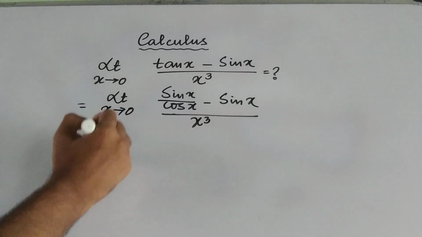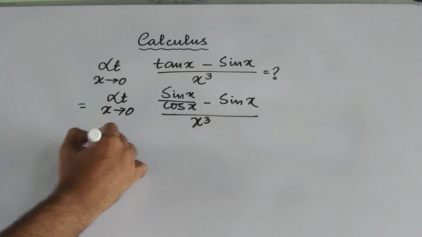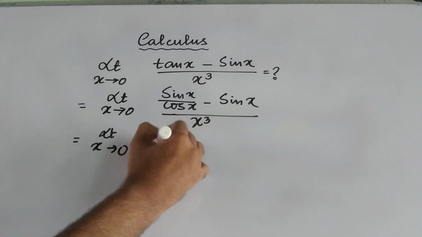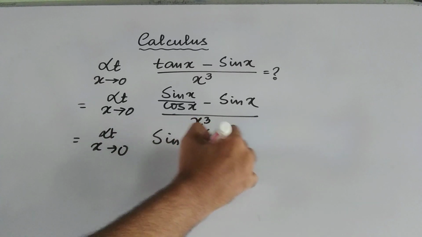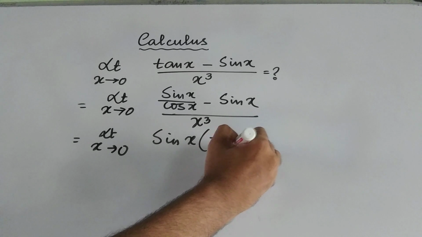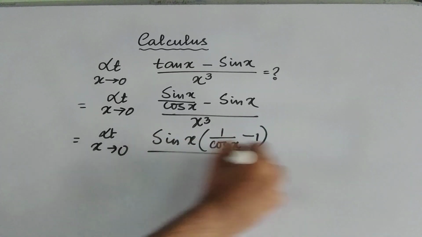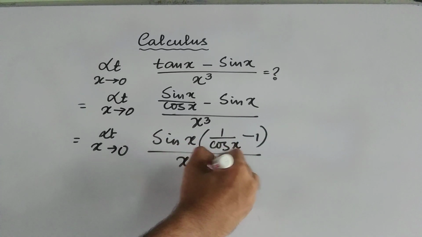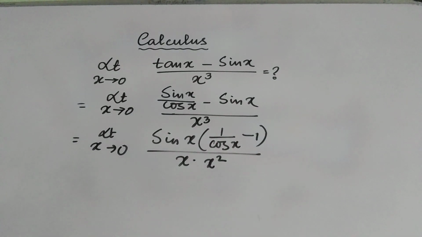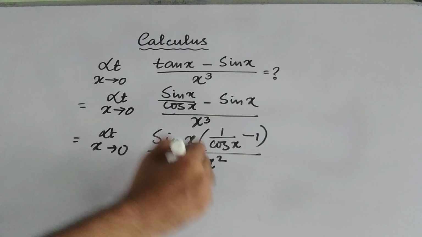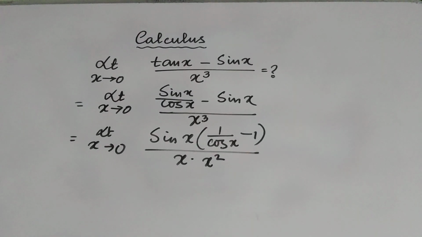From the next step, limit x tends to 0, if I take sin x common, then it is (1 by cos x minus 1) divided by, I can write x into x square. I have segregated x cube as x into x square.